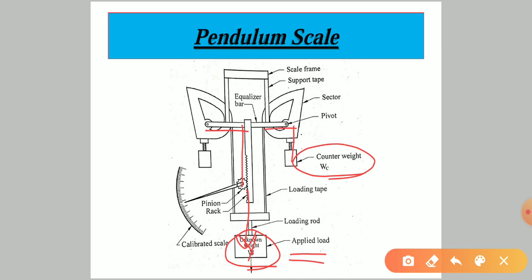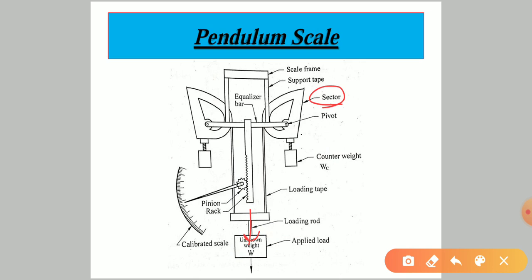Now, over here, on both sides there is a counterweight. The unknown weight W is applied to the load rod over here, and the sector tends to rotate. This is our sector, which will tend to rotate due to tension in the loading tube.